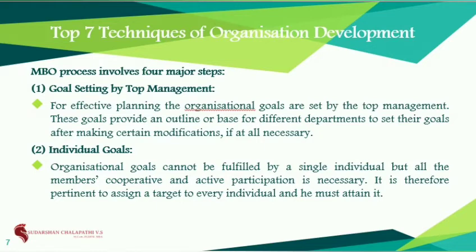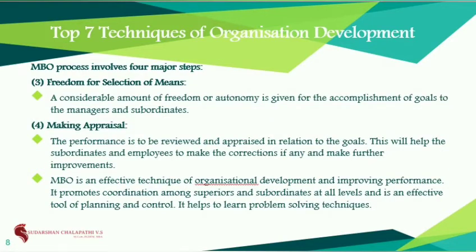Step 1, goal setting or effective planning by top management. Next, setting of individual goals related to organizational goals by managers and subordinates. Next, provide considerable autonomy or freedom, or some amount of decentralization, in developing and selecting means for achieving objectives.